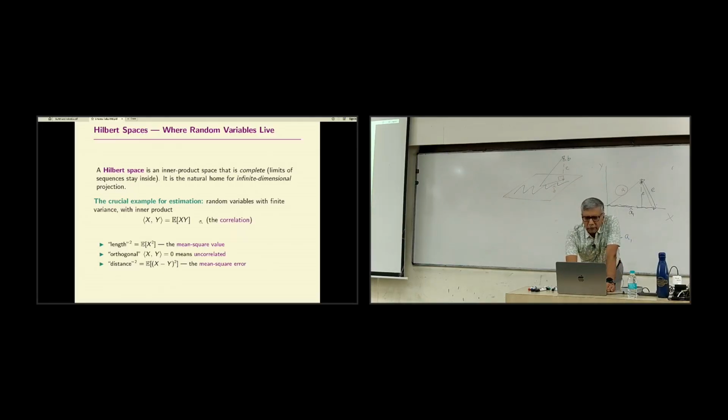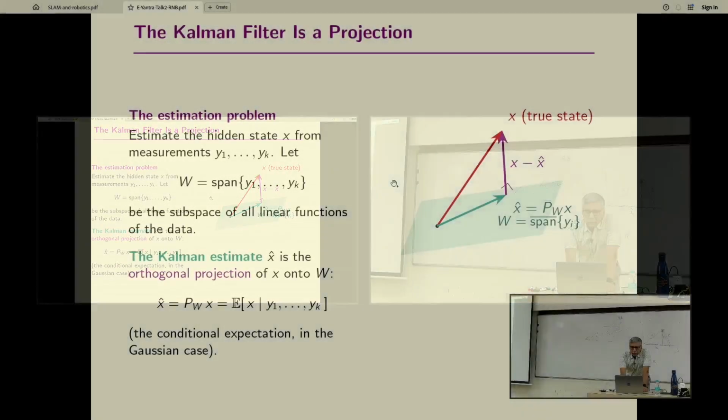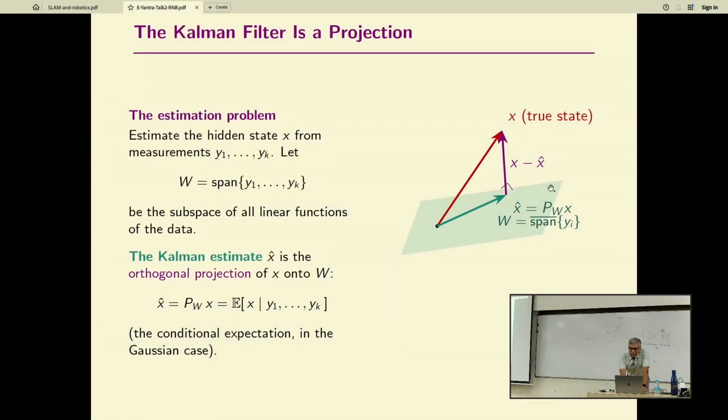So from here, you can now talk of the Kalman estimate. Suppose this green thing was the span of all the measurements that you had, then you are trying to approximate your true state, that's the red vector, with the best possible combination of your measurements. And the Kalman algorithm works in a way that the error vector is perpendicular to this subspace.